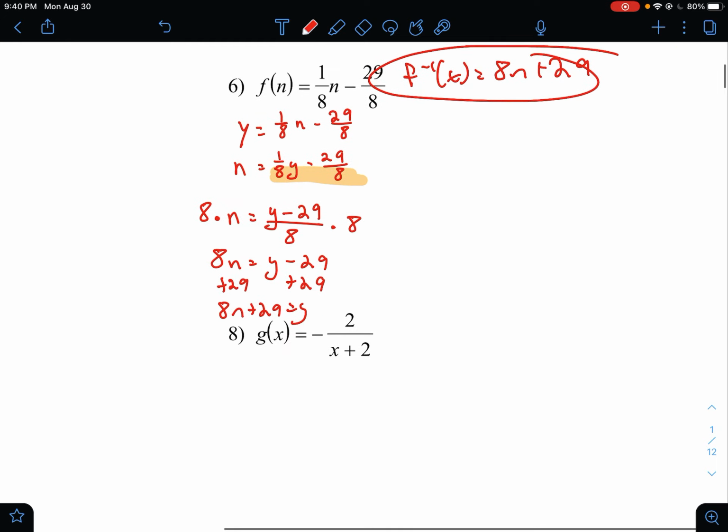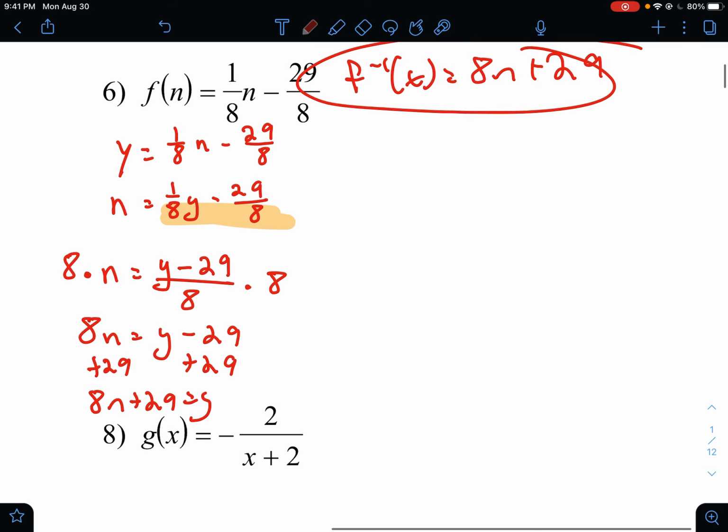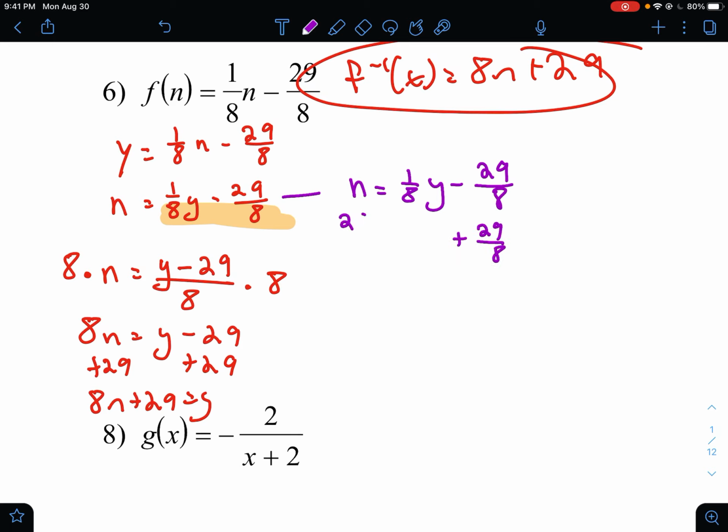Now, let's say you watched me do this 8 thing and you were like, what the heck is going on? I'm going to show you how you could do it without knowing to get a common denominator. So let's say we were at this step here, okay? And we have 1/8 y minus 29 over 8. So a lot of you guys probably looked at this and you're like, well, I want to add 29 over 8 to both sides, which is fine. You can do that. So I get n plus 29 over 8 equals 1/8 y.